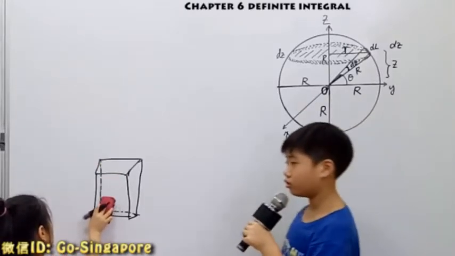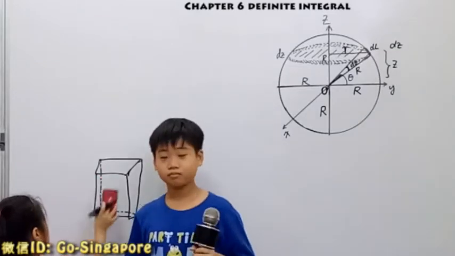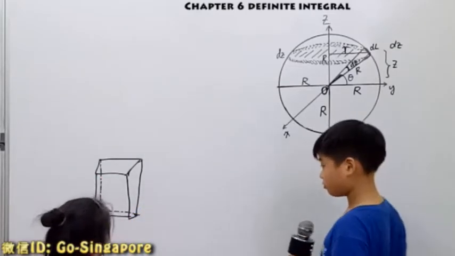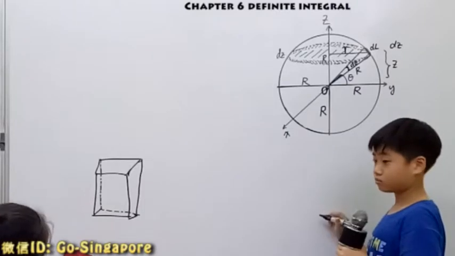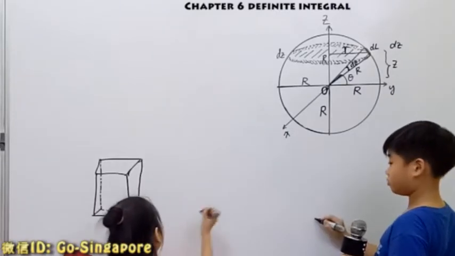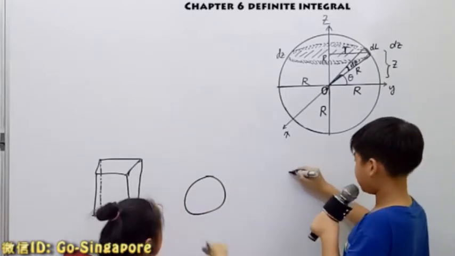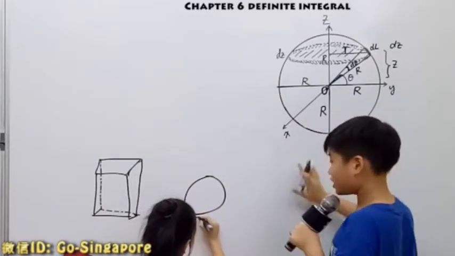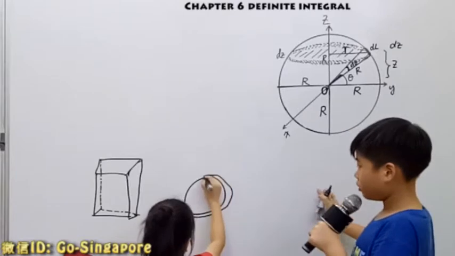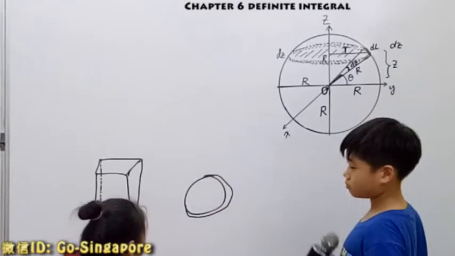So, what do you know about a disk? A disk is something like a lot of circles. What shape is a disk?